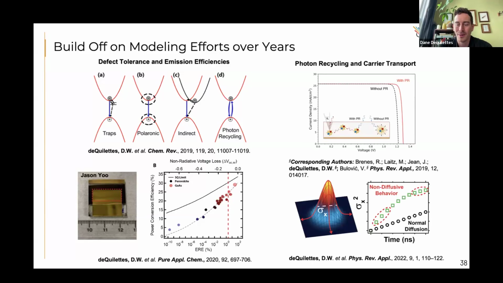So anywhere from detailed balance simulations with non-idealities, such as non-radiative recombination, to taking into consideration photon recycling and different transport properties. So I don't want to get into a lot of detail here, but I'm just highlighting that we've been thinking a lot about how to analyze this data and have a lot of work over the years that we're building on in order to do that.